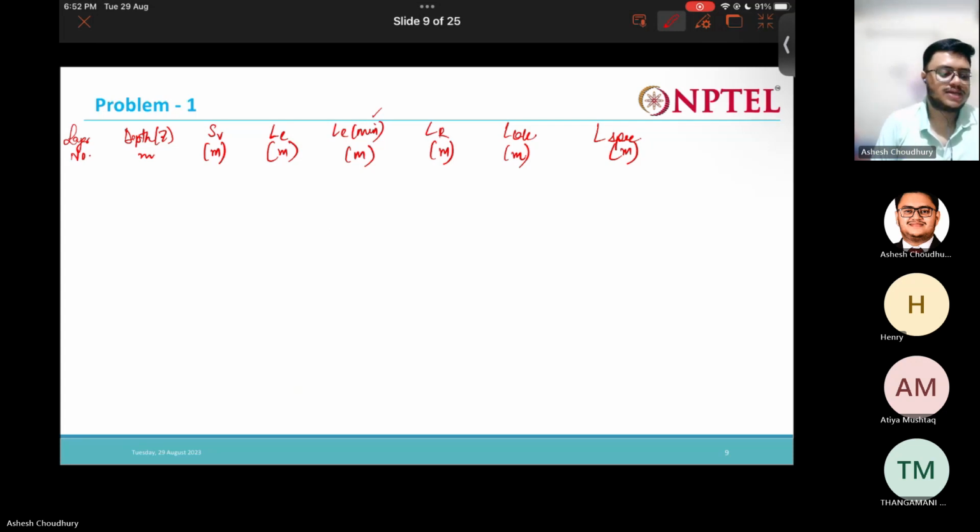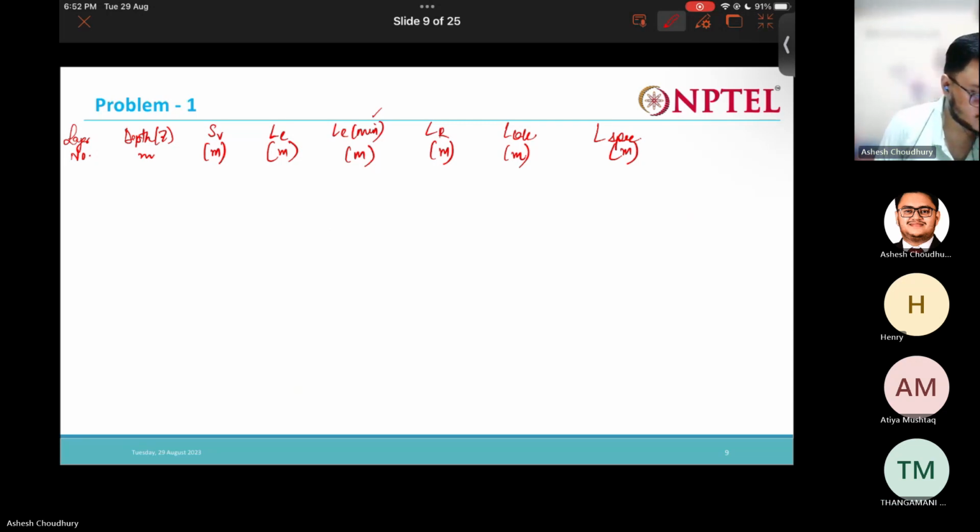That should be 1 meter. As per code provisions, the minimum embedment length that we should provide is 1 meter.